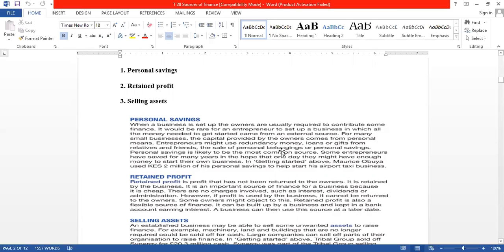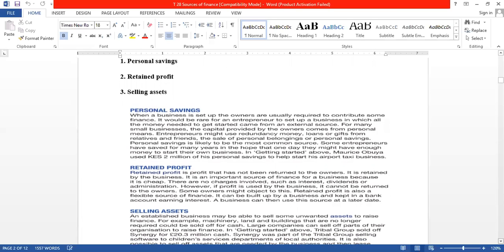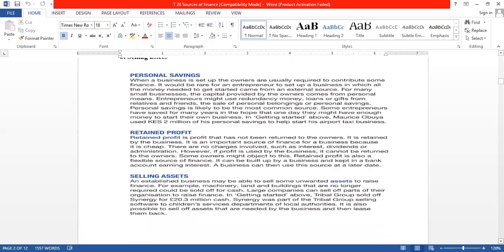Personal savings. Look at the personal savings description. When a business is set up, the owners are usually required to contribute some finance. It would be rare for an entrepreneur to set up a business in which all the money needed to get started came from an external source.